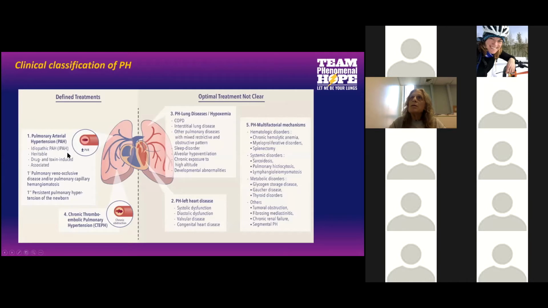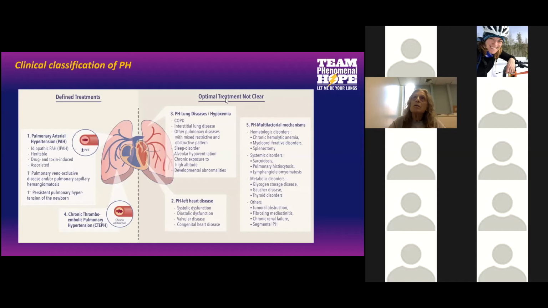It can be idiopathic, familial, or drug or toxin induced. Group 2 is associated with left side heart disease. Group 3 is associated with underlying lung disease or hypoxia, which is low oxygen. Group 4 is related to chronic blood clots in the lungs. And group 5 is secondary pulmonary hypertension associated with some unknown causes.